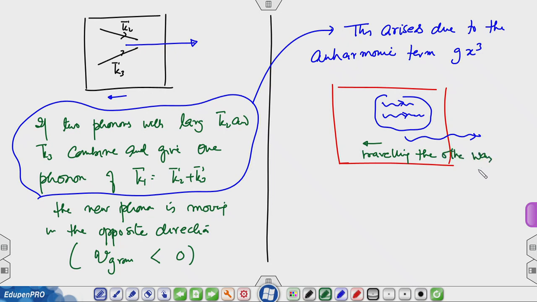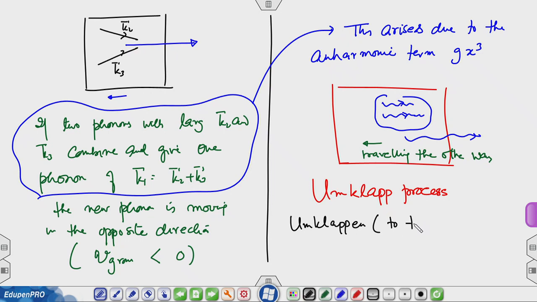And this is known as Umklapp process. Comes from the German word Umklappen, which means to turn around. So, the anharmonic term in the potential can combine two phonons and make the third phonon go the other way.